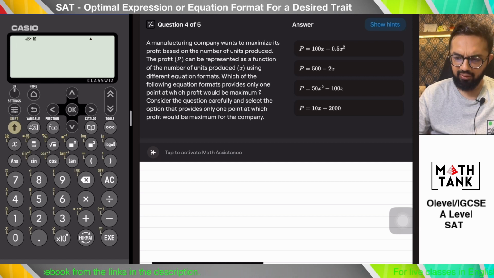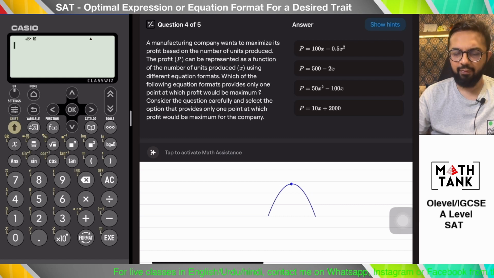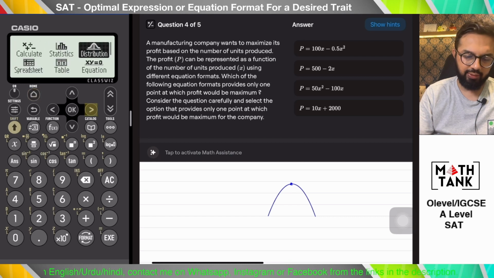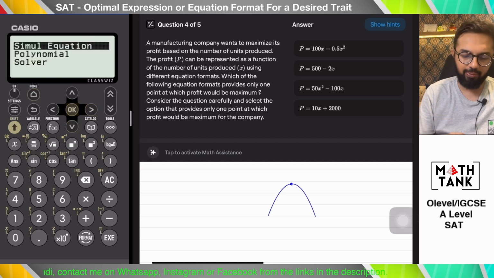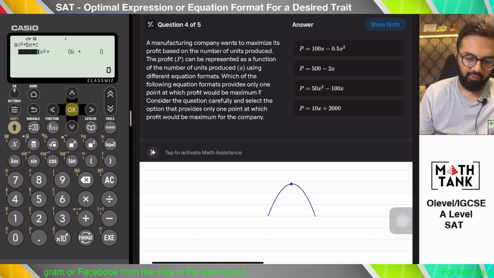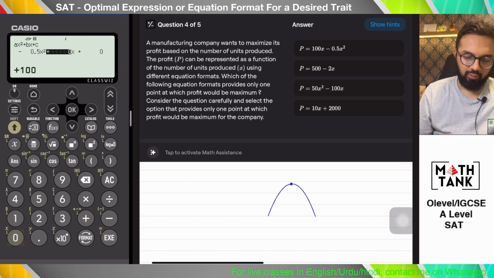Okay, so my gut feeling would be that it should be a quadratic, and it should be a quadratic that goes like this, a sad face. Okay, let's check if the first one gives us a logical answer because that is the only sad face expression that I see. 100 and 0.